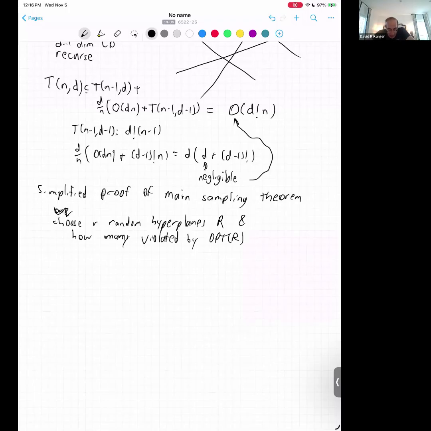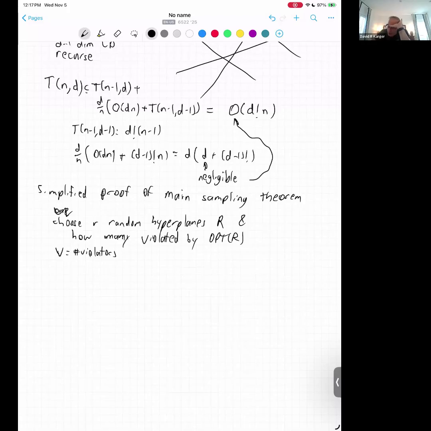So I'm going to analyze this with a sort of backwards analysis. Let's say V is equal to the number of violators. Now V is a random variable, but it does have an expectation.